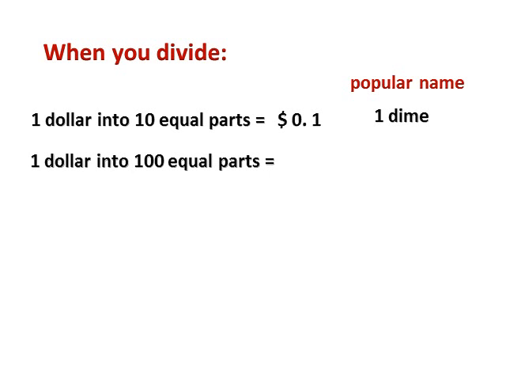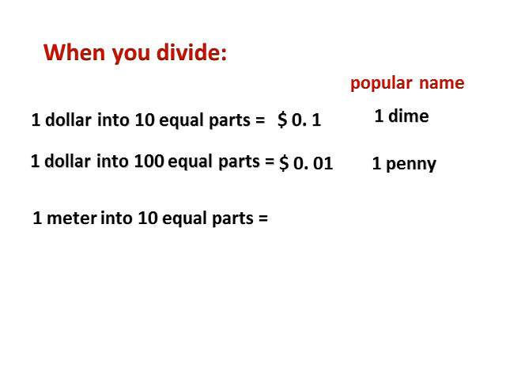Okay, what about if it is divided into 100 equal parts? So that would be 1/100th of a dollar or 0.01, and that's what you call the penny. How about here the meter? If you divide a meter into 10 equal parts, it's called 1/10 of a meter or 1 decimeter.